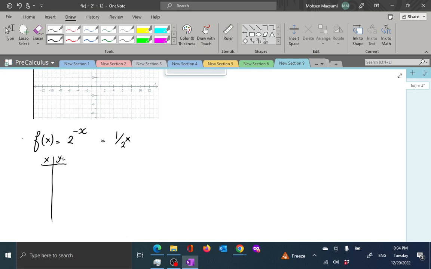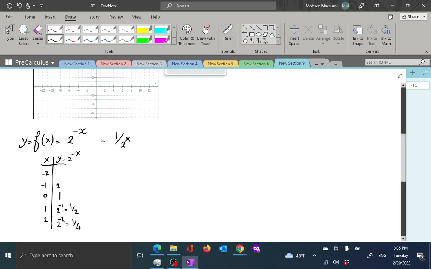y, this is my function, 2 to the power of minus x. Again, let's go after some friendly numbers here. At 0, 2 to the power of 0 or negative 0, it's the same thing, just 1. 2 to the power of minus 1, so we have to be careful. 2 to the power of minus 2, that's 1/4.